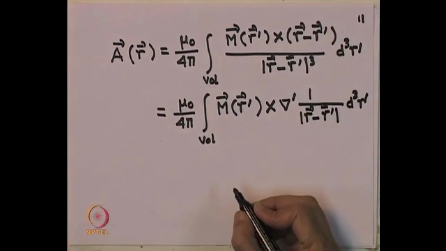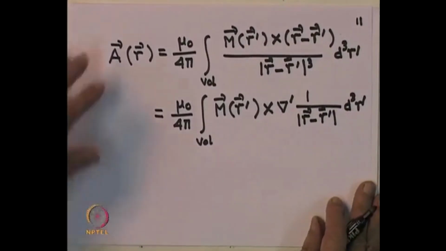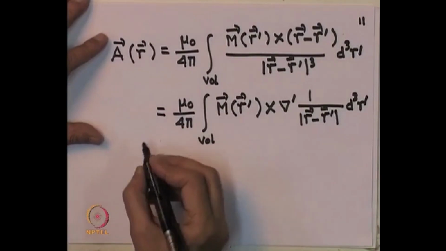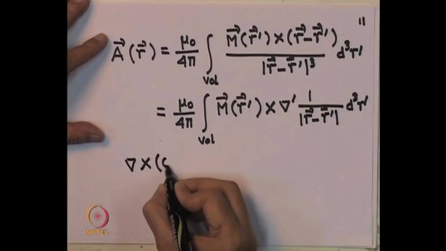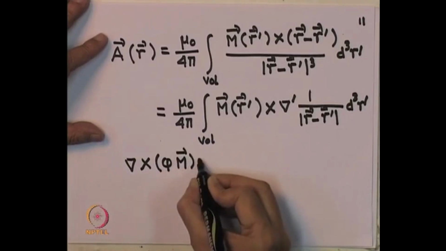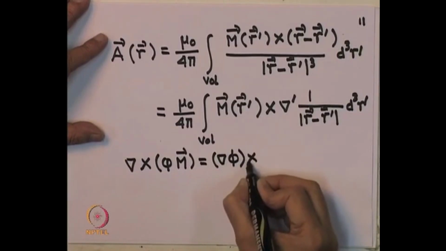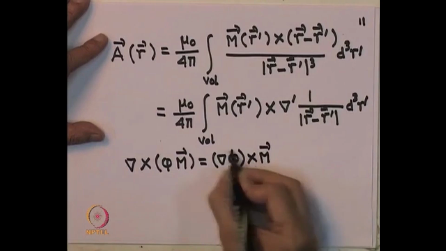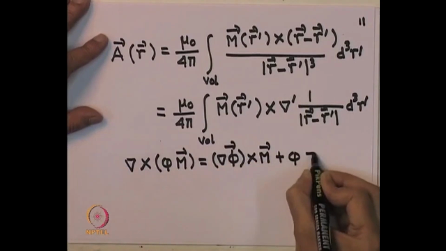Now, I am going to be using several vector identities, but the first identity that I will use is this: if I have a del cross of a scalar times a vector, this is grad phi cross m plus phi times del cross m.